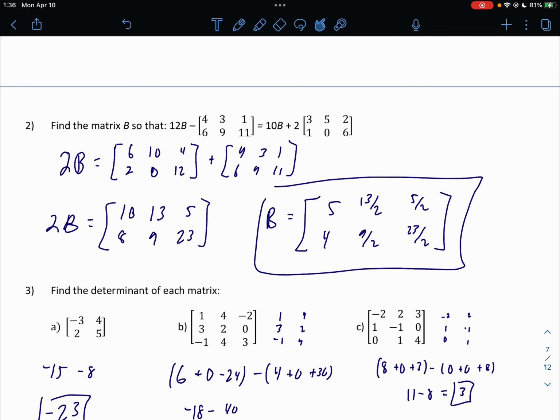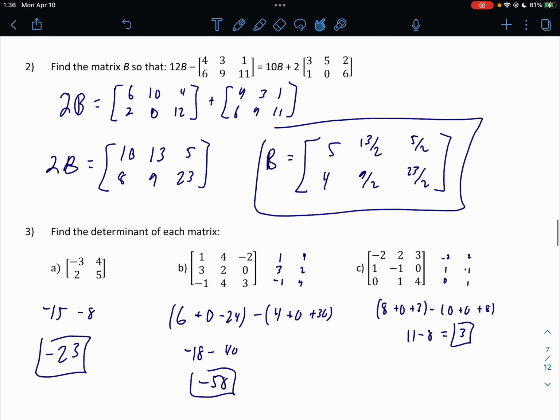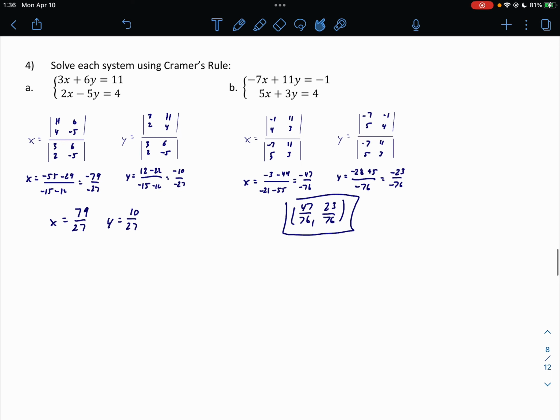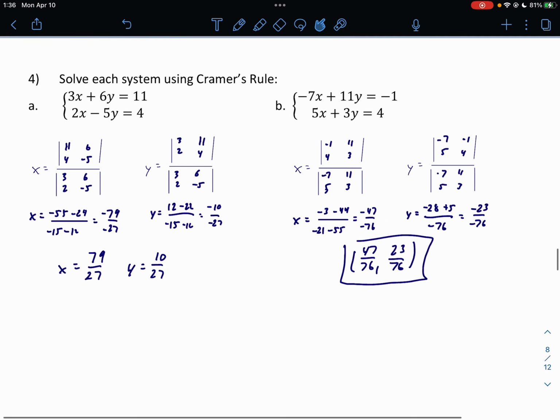Here's slide 2. Some more mixed review here, nothing on what we learned today in this slide. Slide 3, so here's the Cramer's rule stuff that we learned today in 2 dimensions.